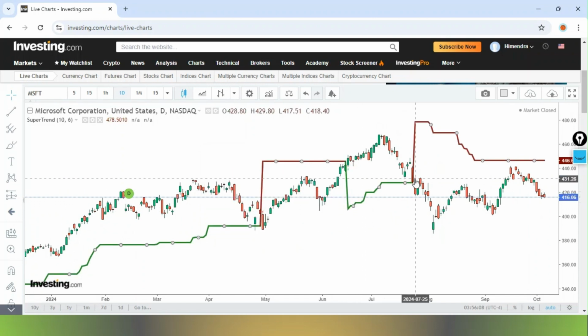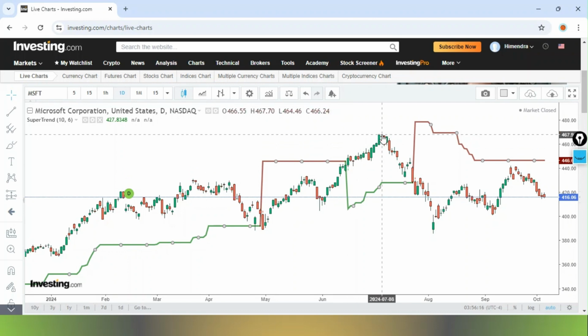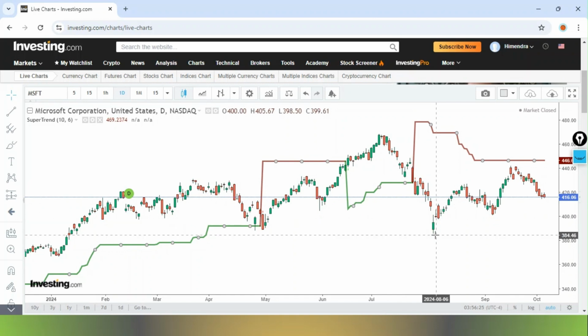Microsoft gave a breakout at 441, went up till 467, then tested the Supertrend stop loss and gave a breakdown till 384. Now 446 is the level which it is not able to break, so again it went down to 416.